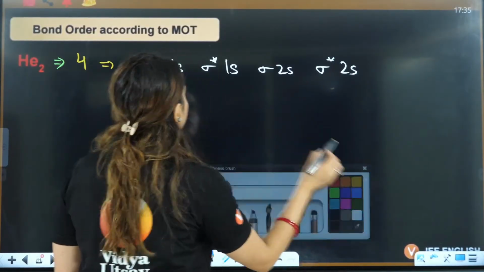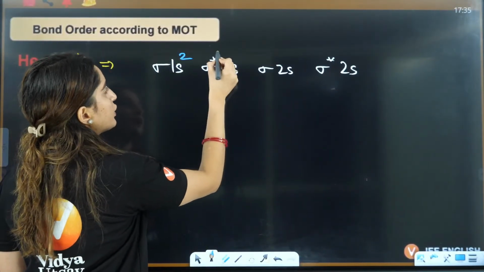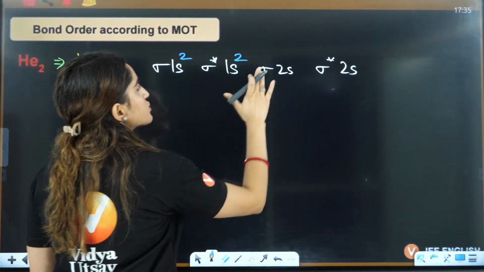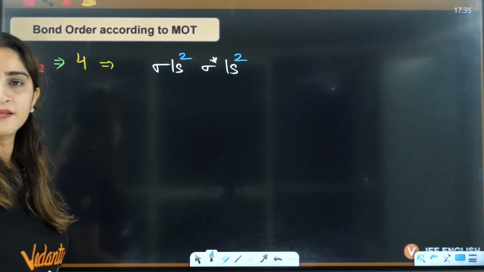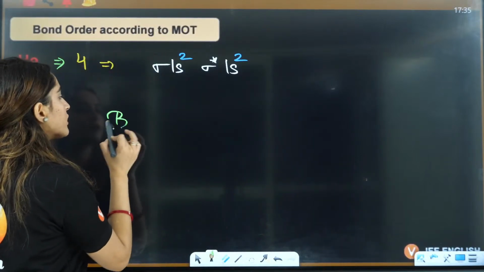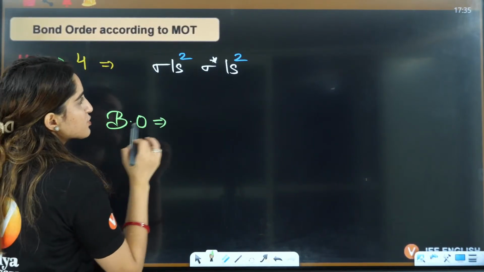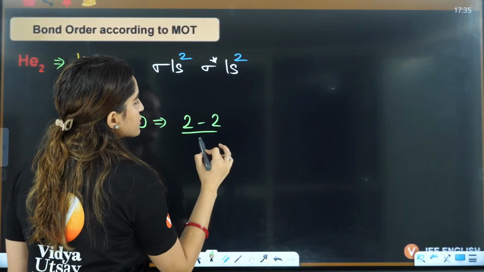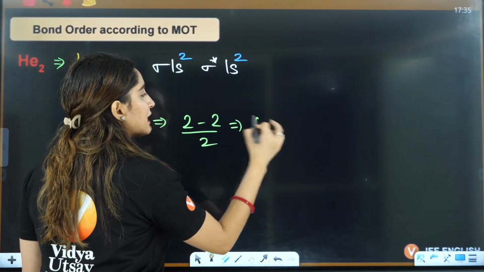Electrons will be 2 here and 2 here. This is the simple electronic configuration. So bond order is going to be anti-bonding minus bonding divided by 2, that is 0.